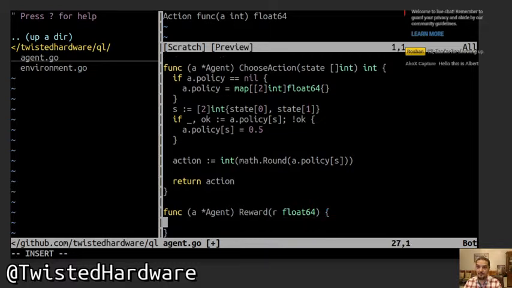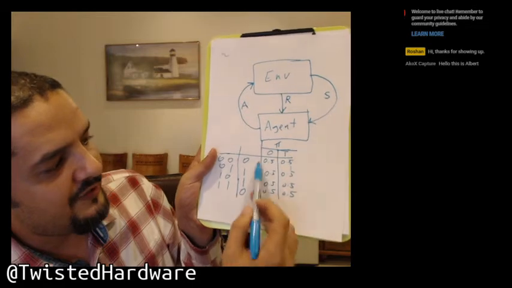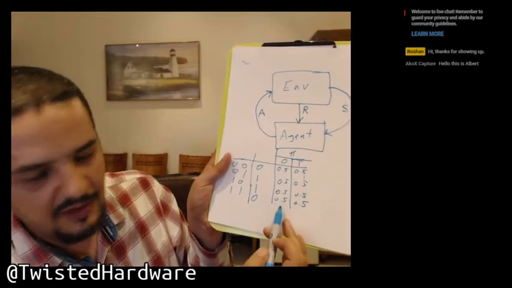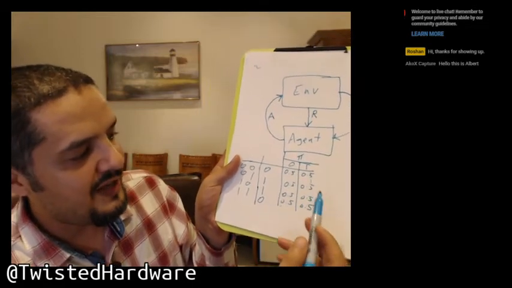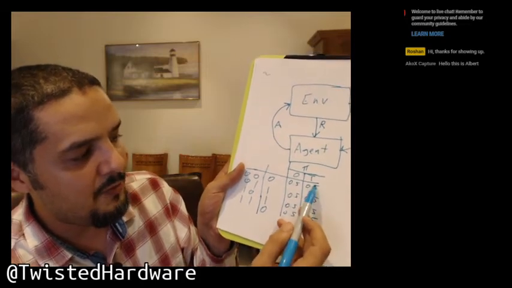And now we're going to implement our learning formula basically. So the learning formula looks like this. If you remember, in here we had this thing. We initialized our policy in here to everything equal to 0.5. Now if I received a reward, I will add that reward to my policy in here.